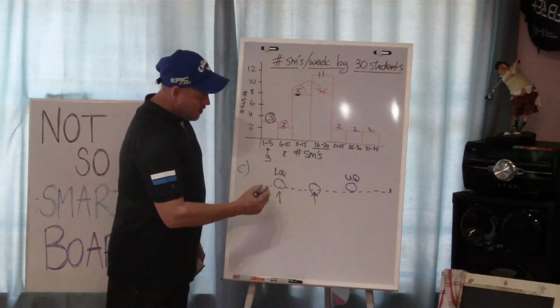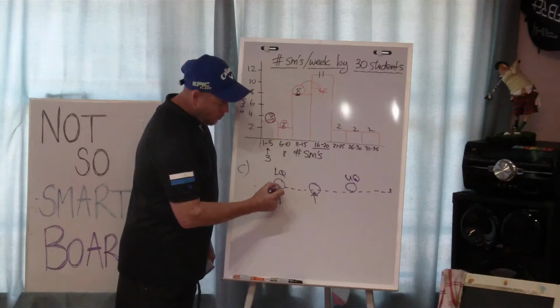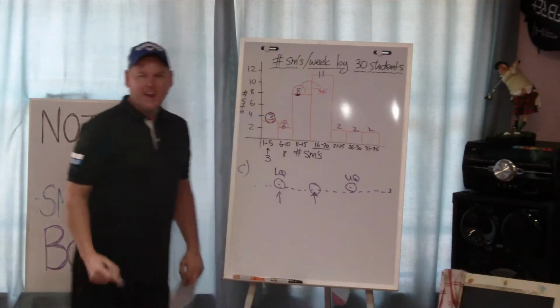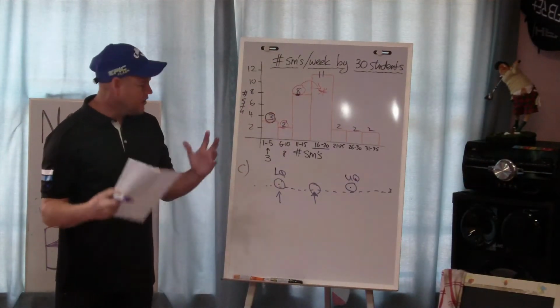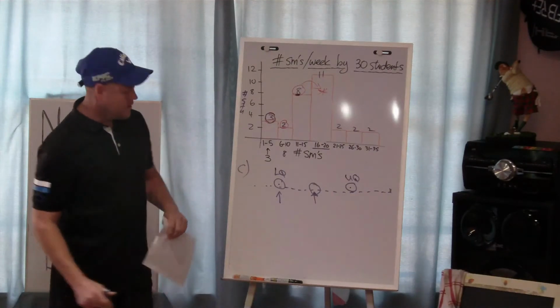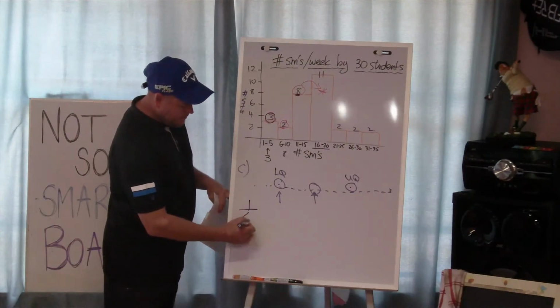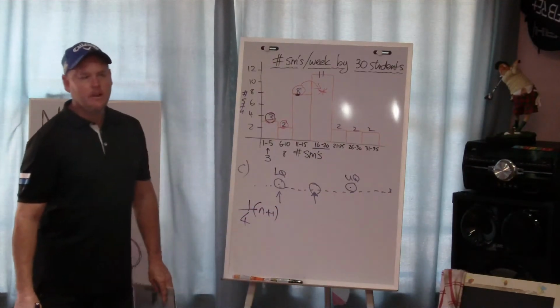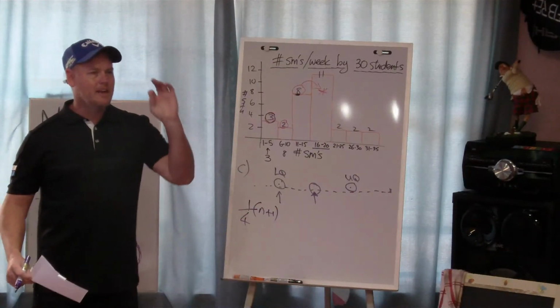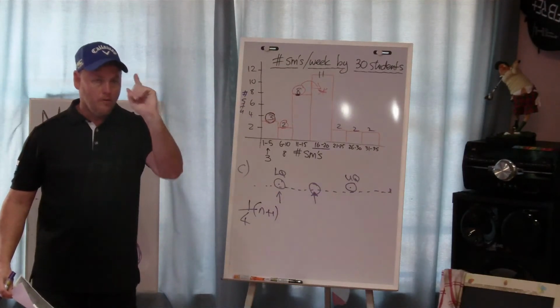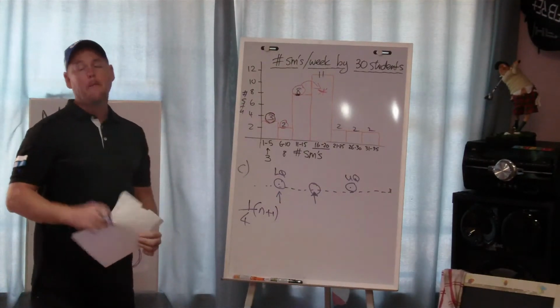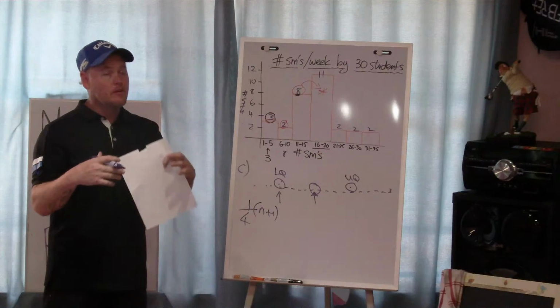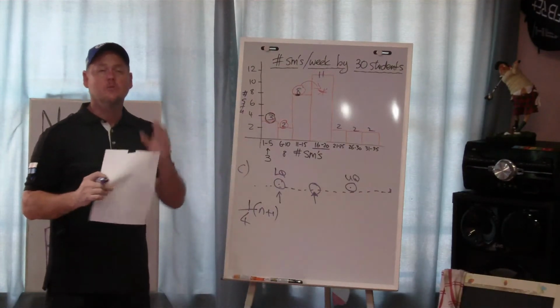Okay, so what position do these two lie in? Where are they? To find that, we use that formula. A quarter, n plus 1. That's a formula that you've been given that enables you to find the position of the lower quartile. Position, not the actual value of the lower quartile, just where it is.